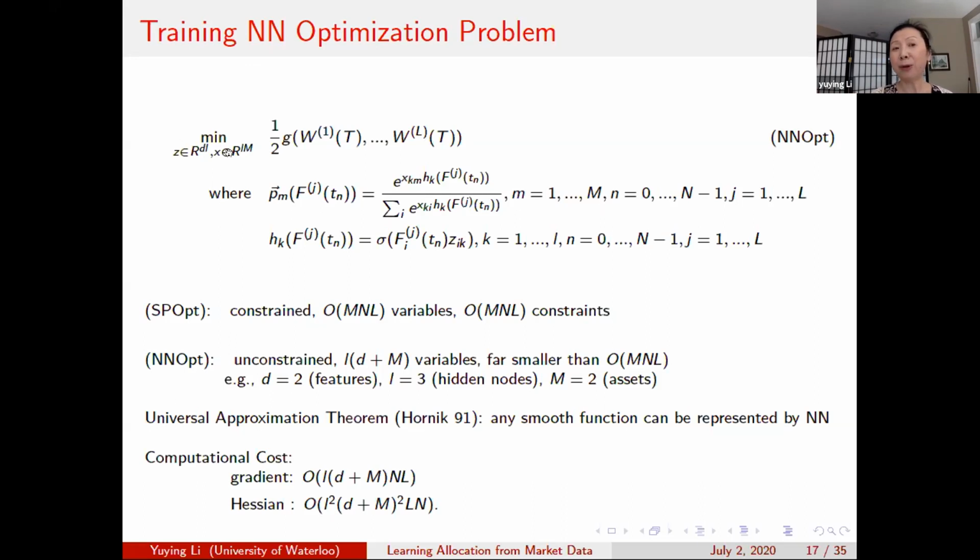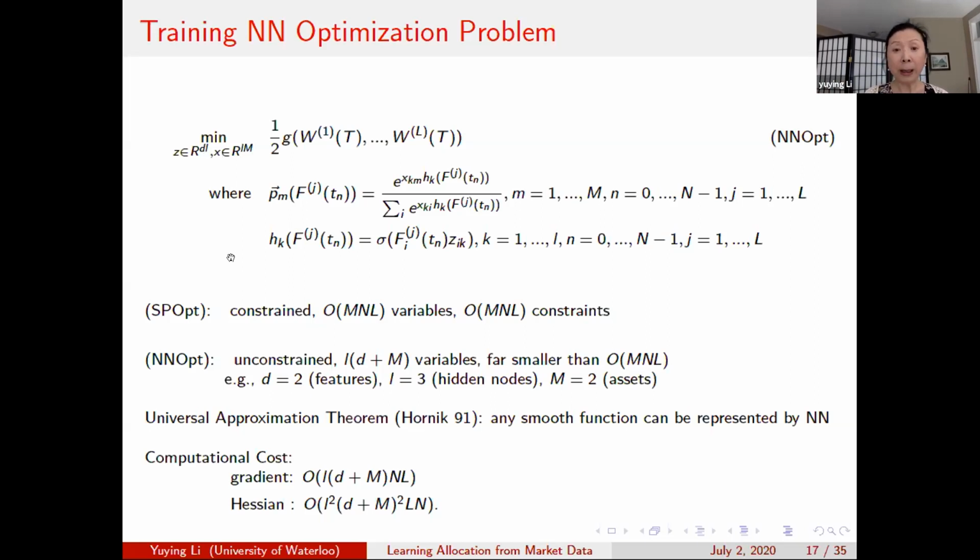And the number of weights in this case is very, very small, right? It's the number of features, number of hidden nodes, and number of assets. It's a very small optimization problem in terms of the decision variables, right?